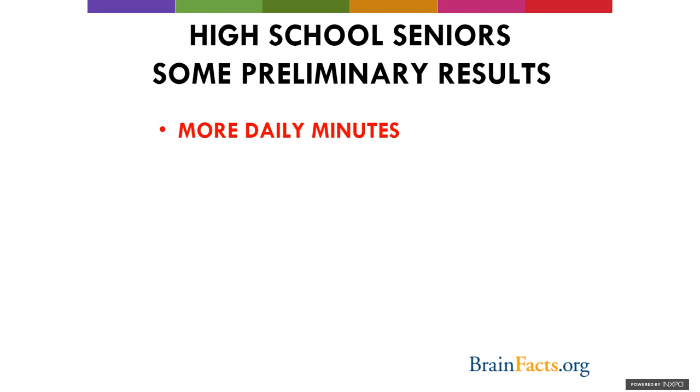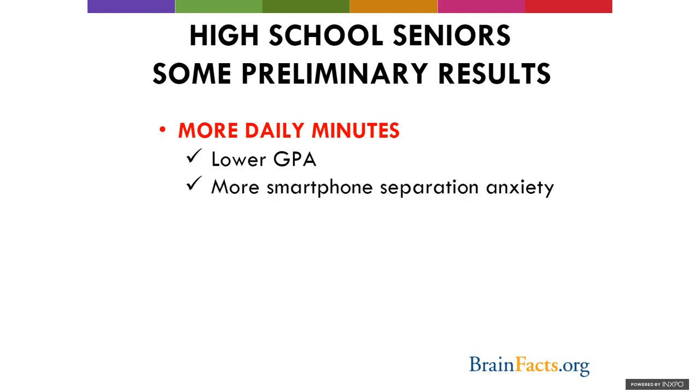Those who spent more daily minutes on their phone, these are high school seniors, showed a lower GPA. They had what we call smartphone separation anxiety, meaning if they were not near their phone, they got very anxious, or if their phone was not working, or if there was no Wi-Fi or no access.